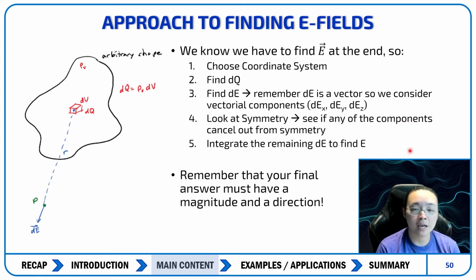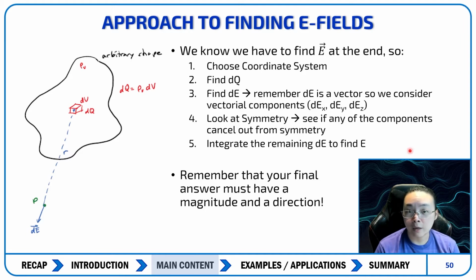Now, sometimes, and in most of the cases, you can see the components cancel each other out due to symmetry. And so we're going to see through the next few examples how to leverage symmetry so that we can just not do as many calculations and save ourselves a lot of work. Now, the next thing to be aware of is the fact that these calculations that we will do in the next few slides are going to be extremely tedious.